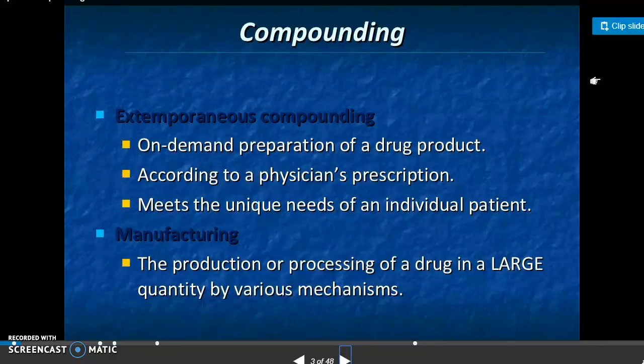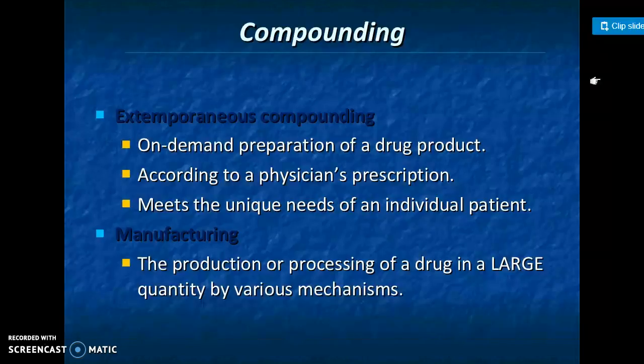So you have something called extemporaneous compounding, and this occurs when there is a need for a different formulation of a particular drug. For example, let's say that a particular pill comes in a 200 milligram dosage, but we have a particular patient that needs it as a 50 milligram dose.